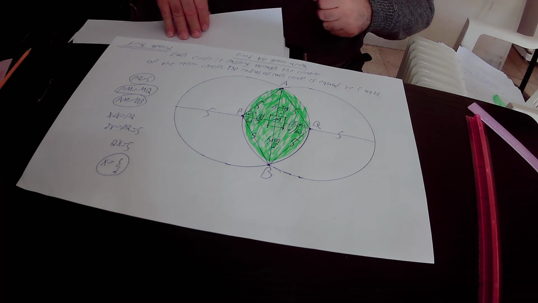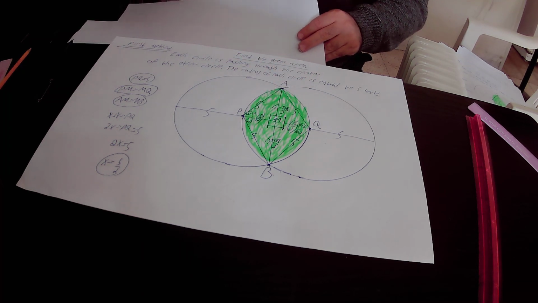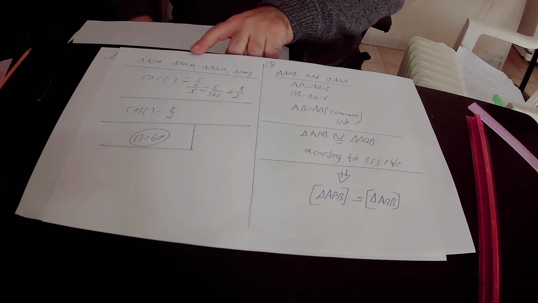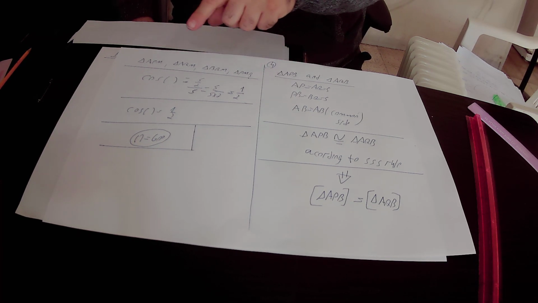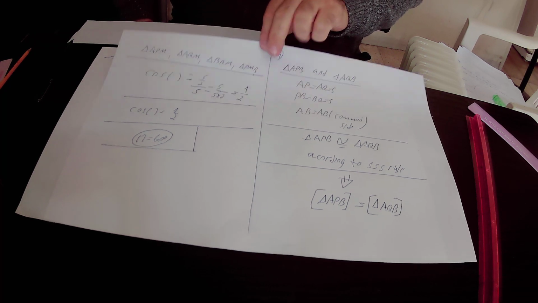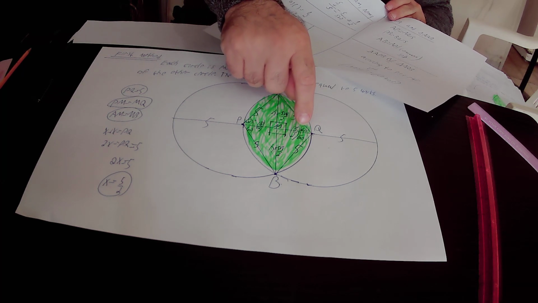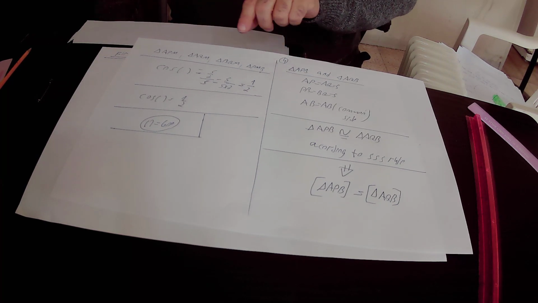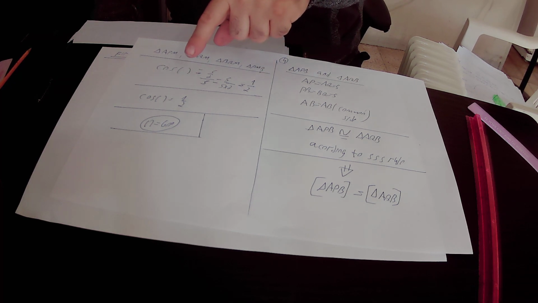The cosine of any of those four angles will be equal to 5 over 2 over 5, which is 1 over 2.